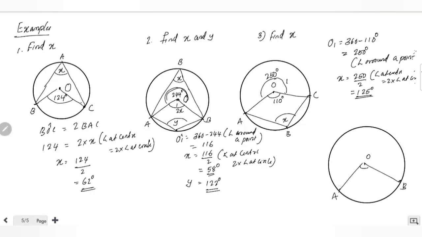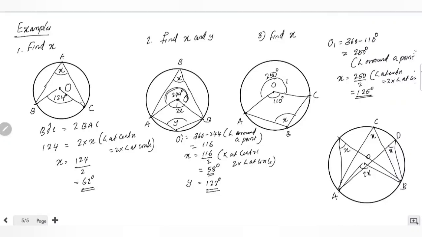Then if O is 2x, then this angle C is going to be what? Half of that, that is x, right? Okay, the very same arc AB is subtending another angle, the very same segment, that is the major segment. So this is also going to be x. For example, if I call it D, D is also x. So now look at here. Here also it is subtending the very same arc, this is also going to be x, isn't it?